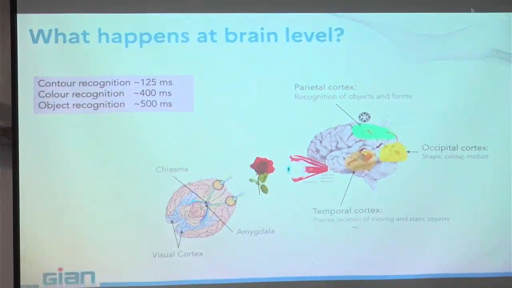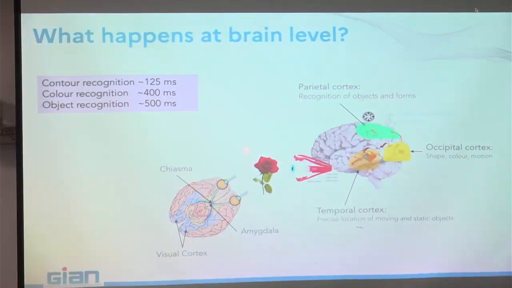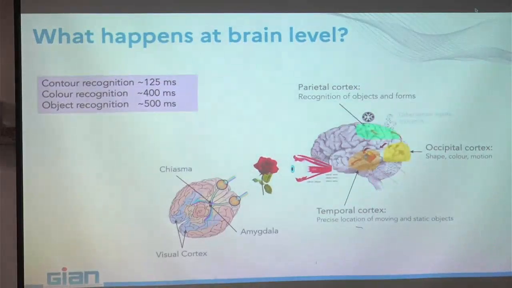You understand why. But let's see what happens at brain level. When you see the flower here, the information comes through the eye: chemical reaction, electrical signal, compression of the signal, and so on, and then goes to the optical cortex, passing through different areas of the brain, and finally the brain decides what I see here.